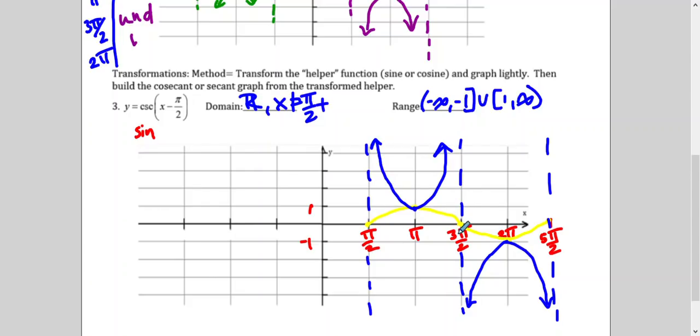If I subtracted 3 pi over 2 minus pi over 2, I would get pi. And k is an integer. Okay, next page.